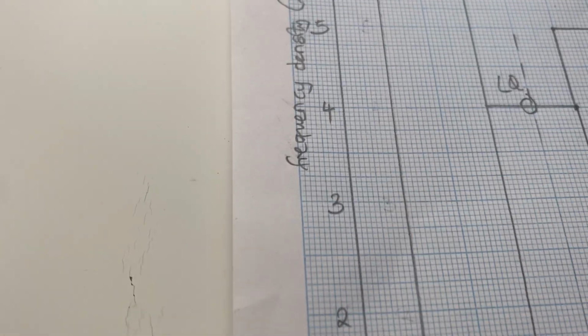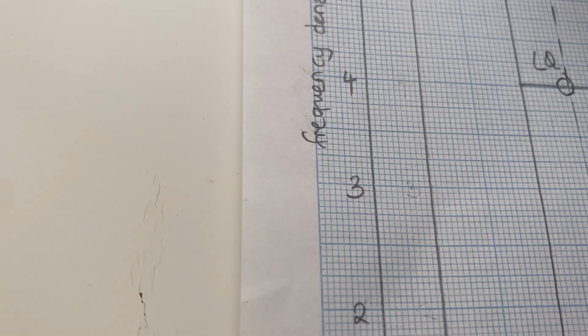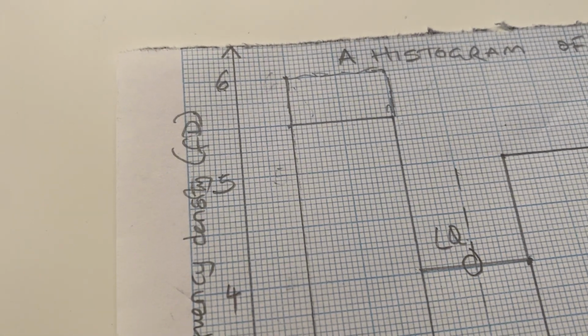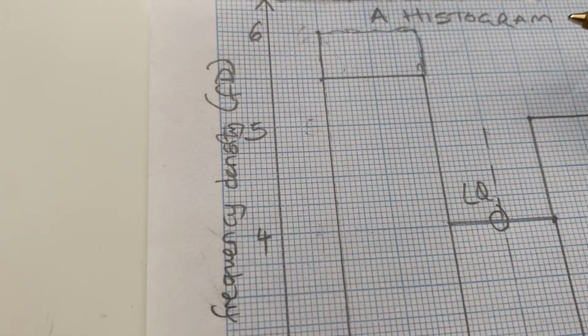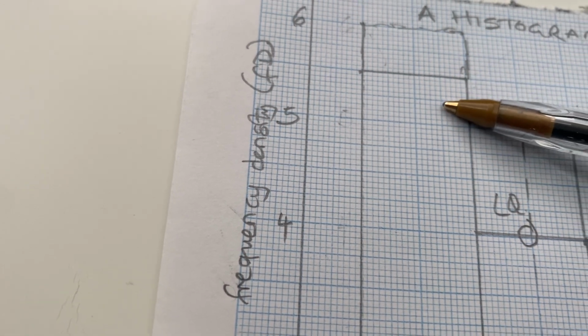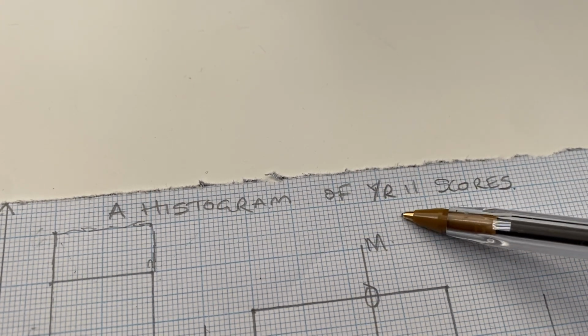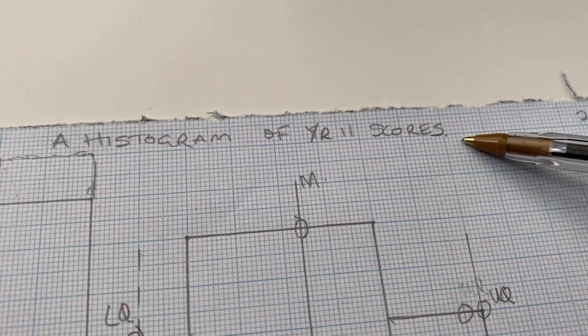It's not up to 5.5, it was up to 6 there. I'll use a ruler to draw it later. So this is how the graph looked, and then I have a histogram of year 11 scores.